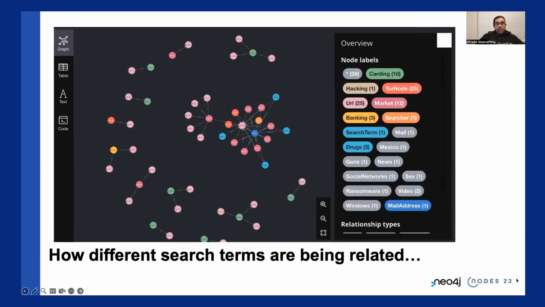Another interesting search that we have done with Neo4j is, okay, how are these different terms being related among each other, right? Because probably, as you may know, the threat actors are using common words to refer to the final product.